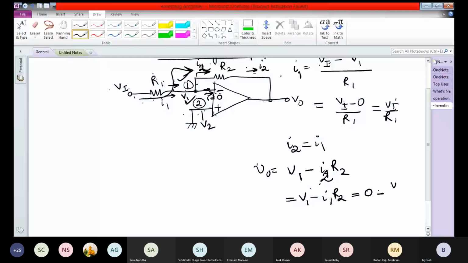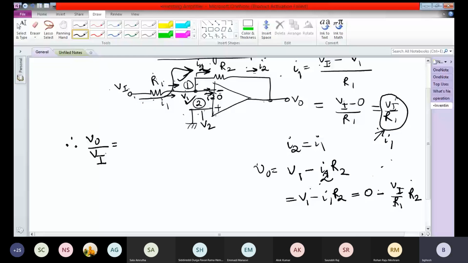This is I1, so Vi by R1 times R2. And therefore, what is V0 by Vi, which is what is needed? It is called AV. It is the closed loop voltage gain.